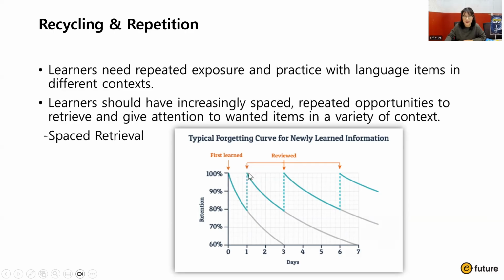So that will bring back the memory. Students will remember. This is why recycling and repetition is important. So learners need repeated exposure and practice with the language items in different contexts. Learners should have increasingly spaced, repeated opportunities to retrieve and give attention to wanted items in a variety of contexts, right? So we are doing this inside the book in the section called Link and Review.